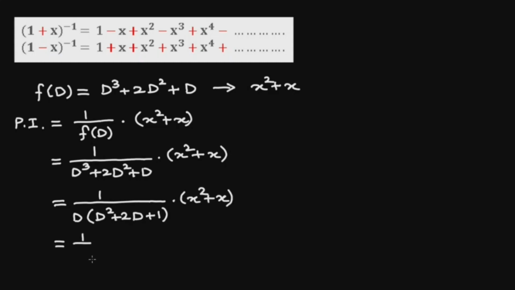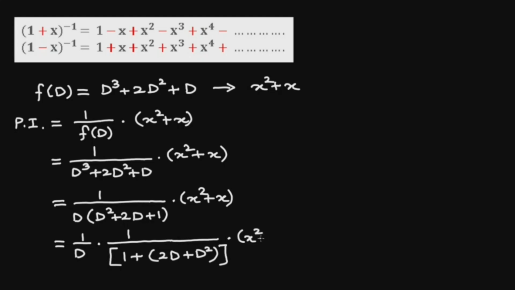So for that, what we do is we write 1 upon, we will take D as a common factor and write D into (D square plus 2D plus 1) operating on x square plus x, which is 1 upon D into, we write this as (1 plus 2D plus D square) operating on x square plus x.